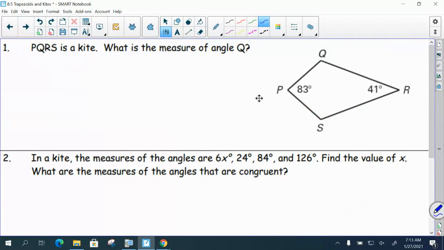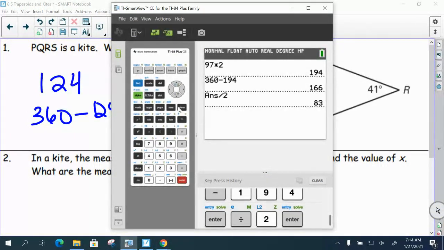So we're saying that this figure is a kite. So what is the measure of angle Q? The way we're going to figure this out is we're going to subtract 83 and 41 from 360. So if I add those up, I get 124. If I take 360 minus 124, it's too early to do mental math.